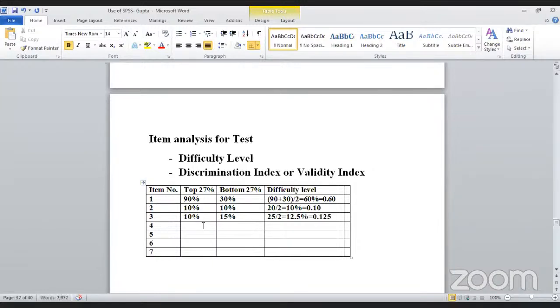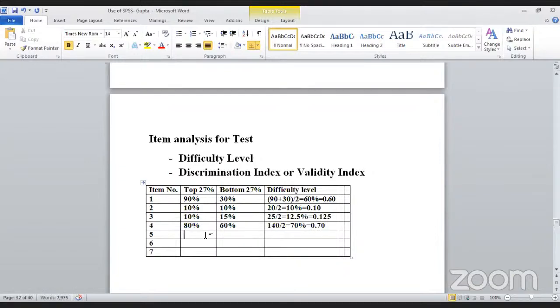Now here is another question where 80% of the people attempted it correctly. And here 60% of the people attempted it correctly. So it is 140. 140 divided by 2 is equal to 70%. And 70% is equal to 0.70.